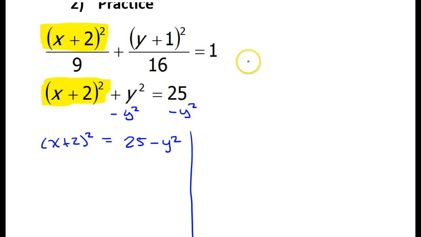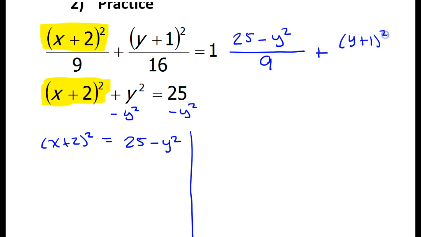Instead of x plus 2 squared, I'm going to have 25 minus y squared, because these are equal, I can substitute. That's over 9 plus y plus 1 squared over 16 is equal to 1.